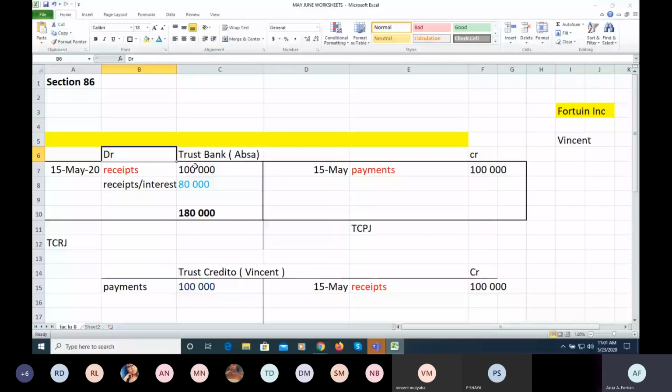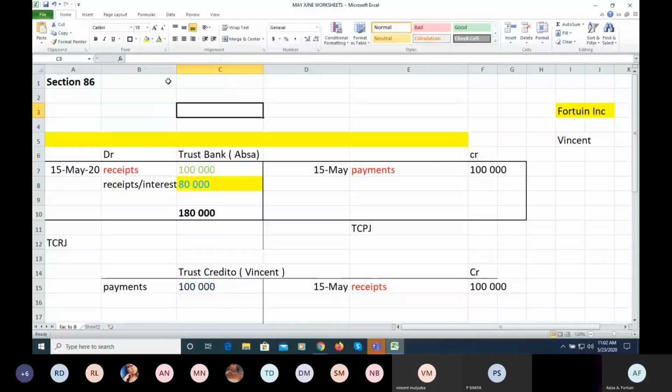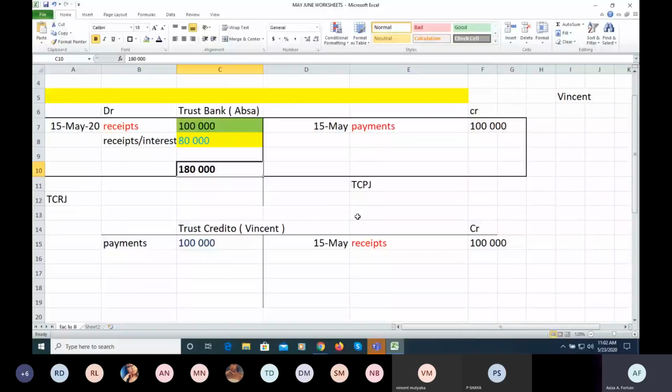He puts that money into my trust bank account, and for my corresponding entry, I'm going to raise Vincent as my trust creditor, because when I undertake to do his property transfer, he becomes a trust creditor because I have an obligation to deliver. I took his money, there's an obligation. So I raise my trust creditor. That is step 1.